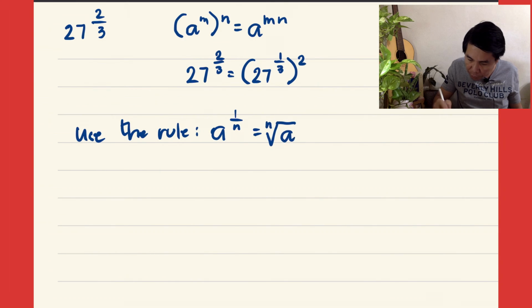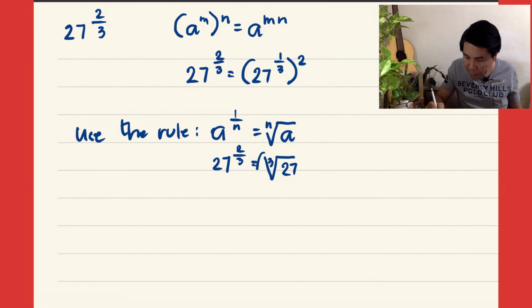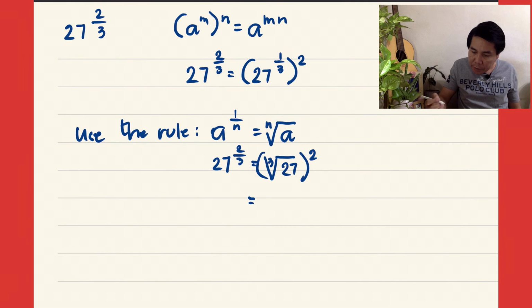So therefore, we have 27 raised to the power of 2/3 is equal to the cube root of 27, okay, and then raised to the power of 2.